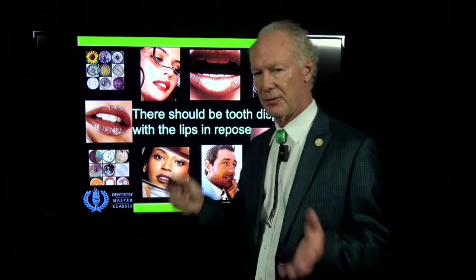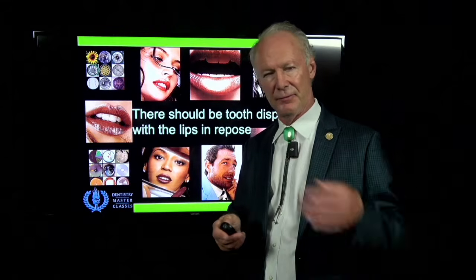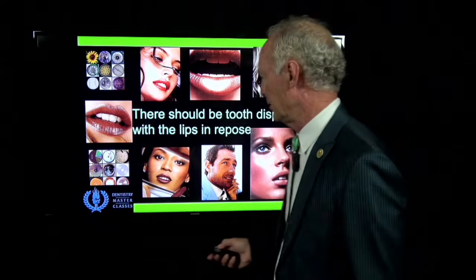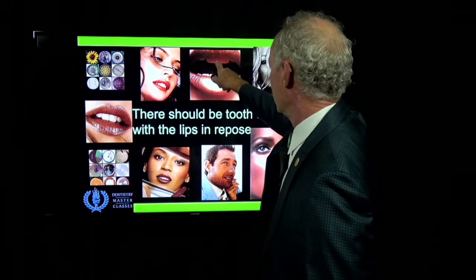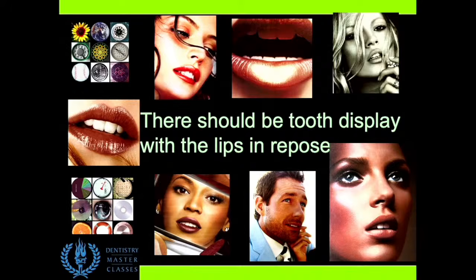We're going to talk about the 3 different types of lips and the way the anterior teeth approximate the lips. But you also always should have tooth display with the lips in repose. If you don't, it makes the person look like they have no teeth.